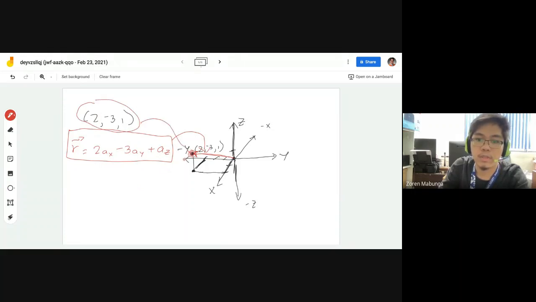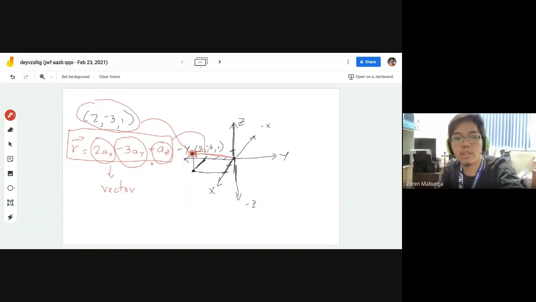So, itong R na may arrow sa taas, yan is vector. And meron siyang tatlong components. Okay? So, mga vector component niya is 2ax, negative 3ay, and positive az. So, yan yung vector component. Yung scalar component will be yung 2, negative 3, and 1.